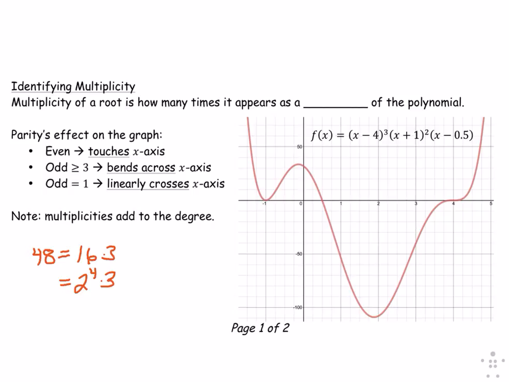Now, the multiplicity of the 2, I would say, sorry, I'm getting a little ahead of myself here. It would be 2 with multiplicity of 4, because that factor is there 4 times.